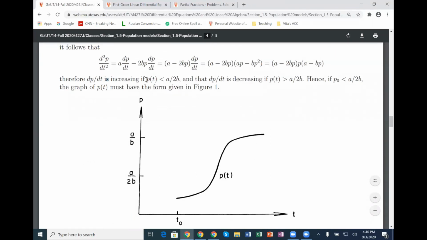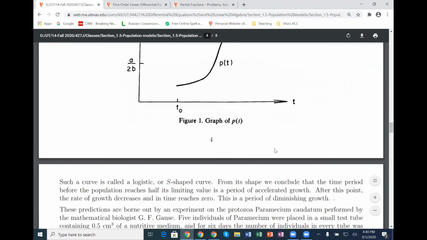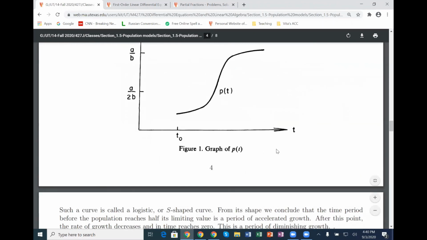Then, over here, the second derivative is positive, means function is concave up. Over here, the second derivative is negative, which means function is concave down. And the second coordinate of the inflection point is A divided by 2B. Looking at this graph, we come up with the following conclusion.